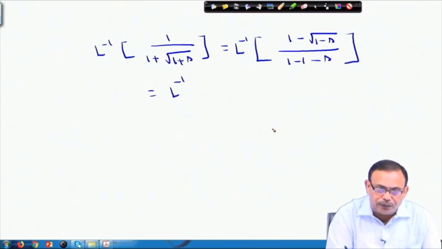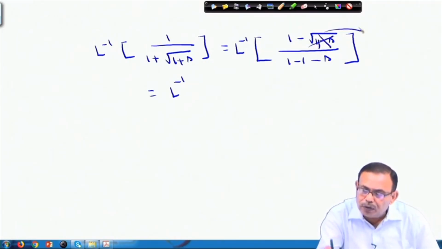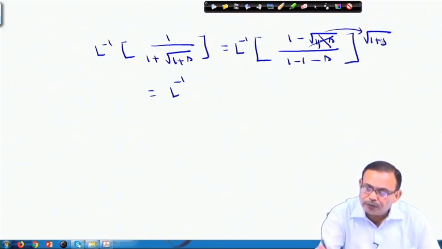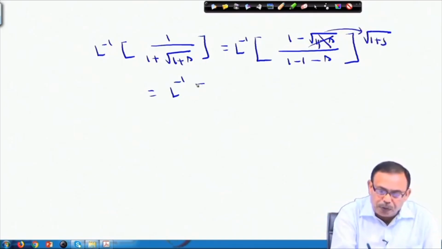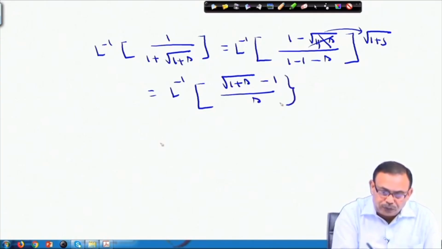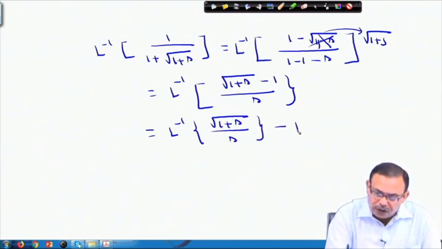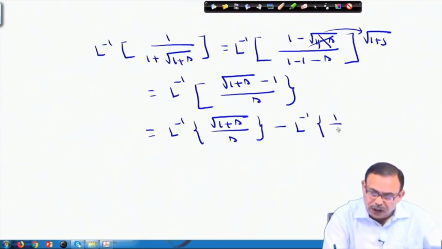So, this is equal to the Laplace inverse of root over 1 plus s minus 1 by s. So, I can write it as the Laplace inverse of root 1 plus s by s minus the Laplace inverse of 1 by s.